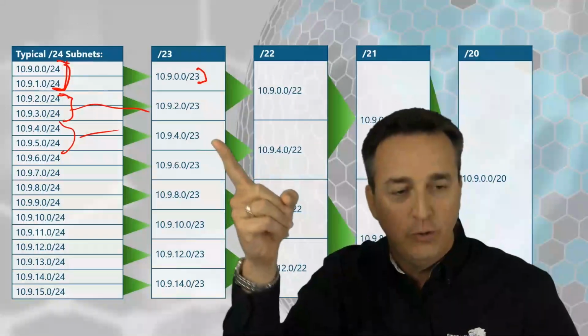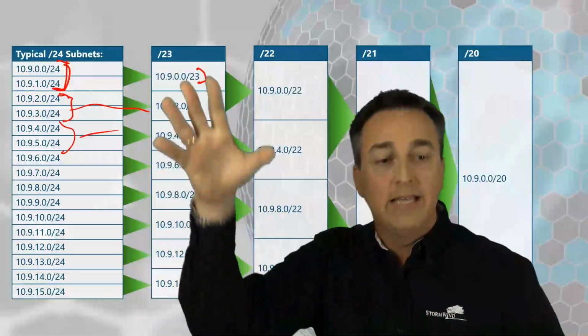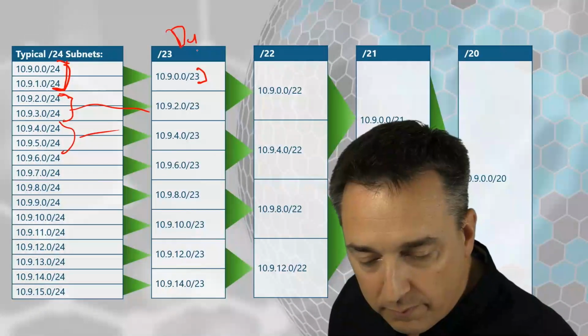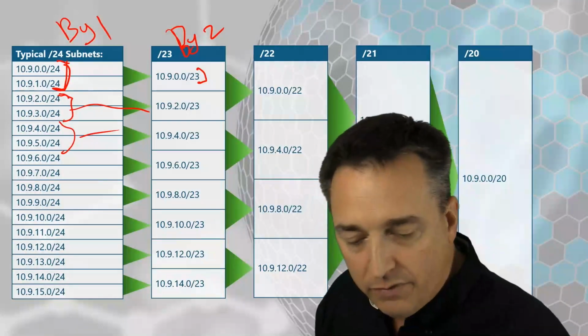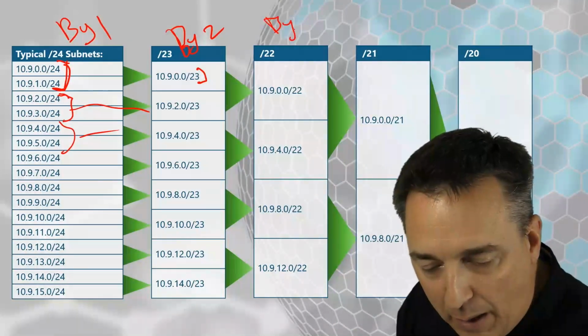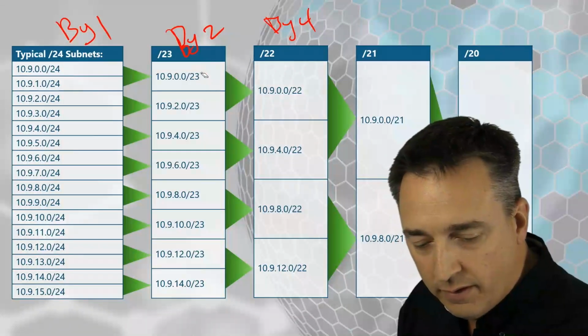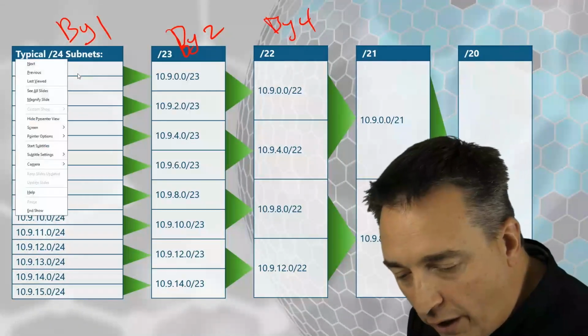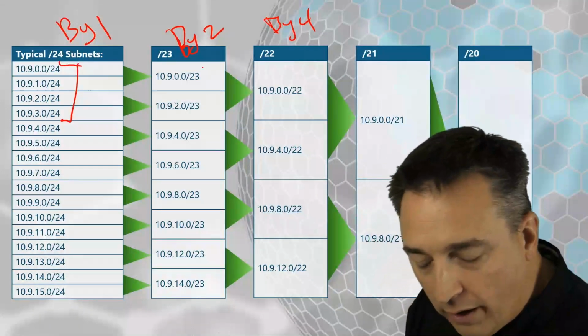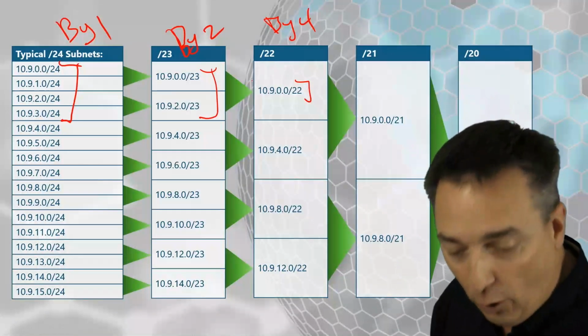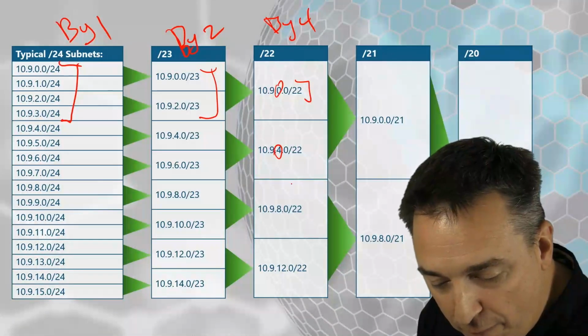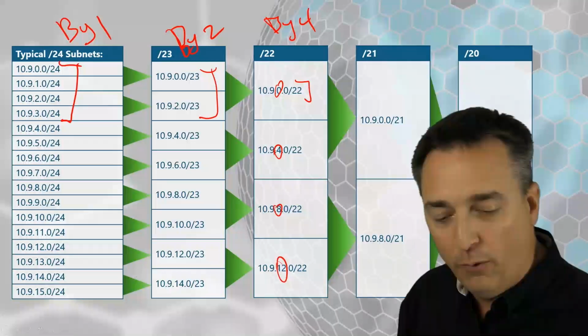Notice it's 0, 2, 4, 6, 8, counting by 2s. So this is by 1, this is by 2, and this is by 4. If we combine 4 together, or these 2 together, you see how you get a /22? You're counting by 4: 0, 4, 8, 12.